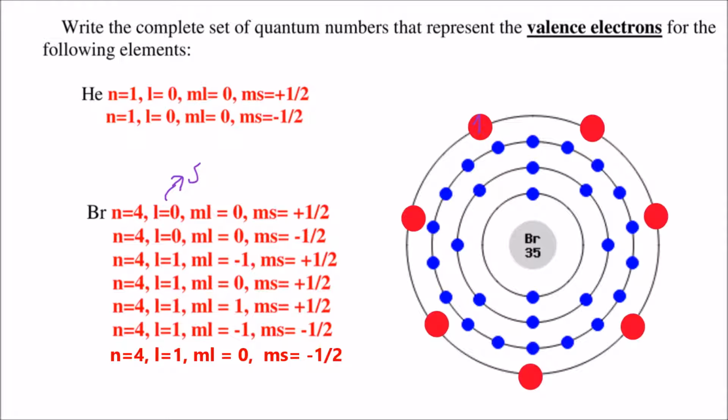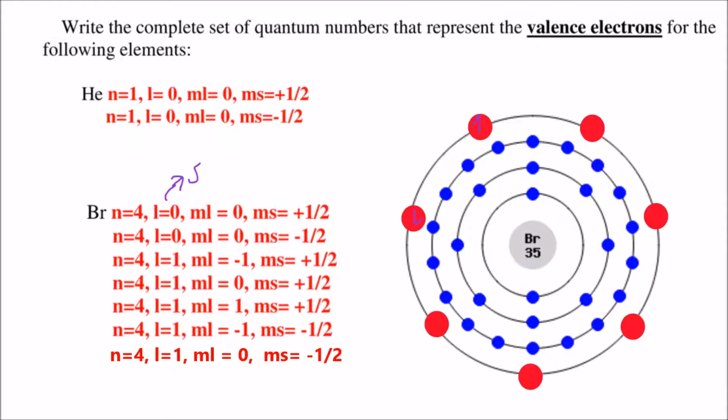Then the next electron is going to have the exact same first 3 quantum numbers, and then we have to make our change right here because no 2 electrons may have the same set of quantum numbers, so we have this counterclockwise spin. So maybe that's that electron. That means that the 4s orbital is filled because an orbital can only hold 2 electrons, so then we have to move up to our p orbitals.